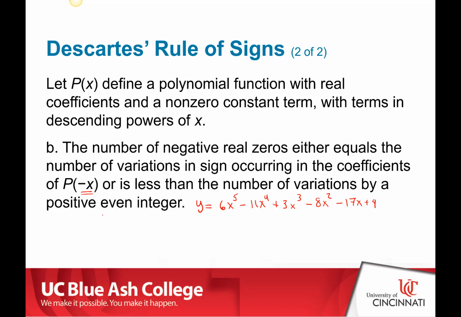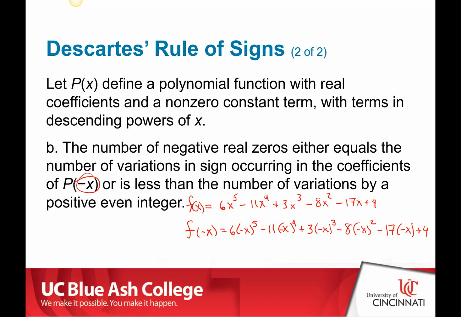Now, the new thing that we're getting thrown in on us this time is it says plug in the negative of x. So if this is f of x, we're going to evaluate f at negative x, which is going to give us 6 times negative x to the 5th minus 11 times negative x to the 4th, plus 3 times negative x cubed, minus 8 times negative x squared, minus 17 times negative x plus 4.